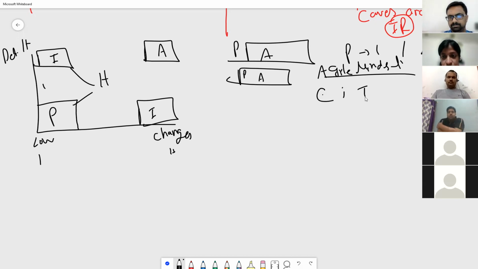Those values of agile become the mindset of agile: individuals and interaction over processes and tools, customer collaboration over contract negotiation, responding to change over following a plan, working software over comprehensive documentation. So these are the keys of the agile mindset.